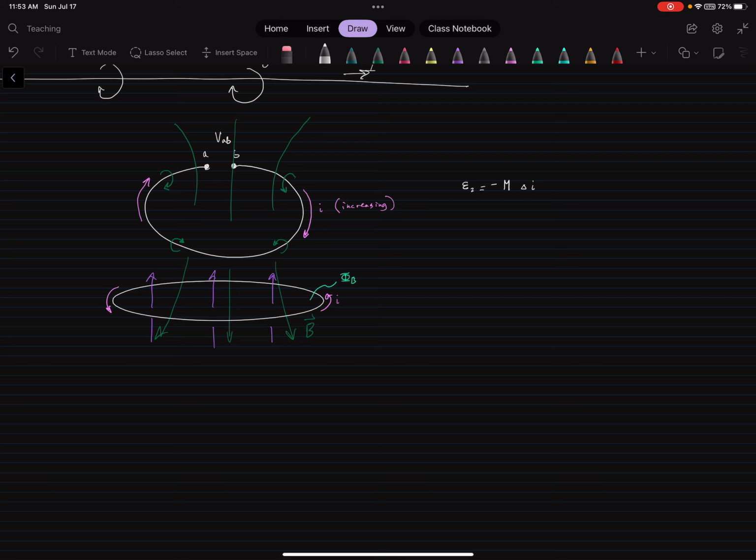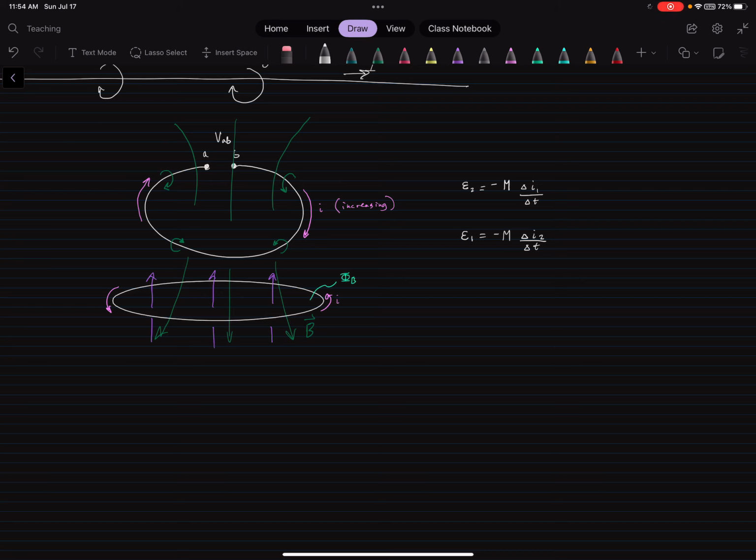So the EMF produced in the second loop is a function of the changing current in the first, i1 of t, times this proportionality factor M. And the EMF in the first, if we were to reverse this and control the current in the second, would be negative M, just the same, delta i2 over delta t.